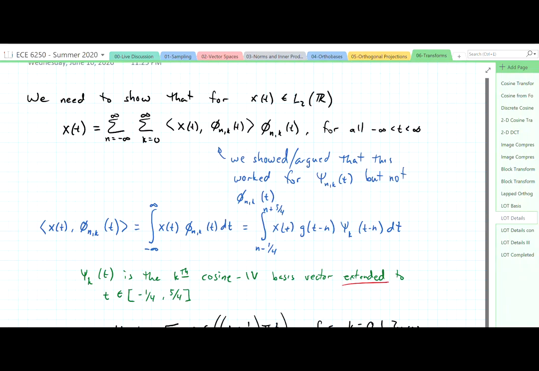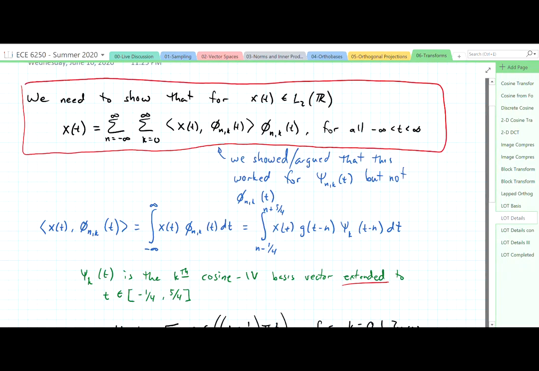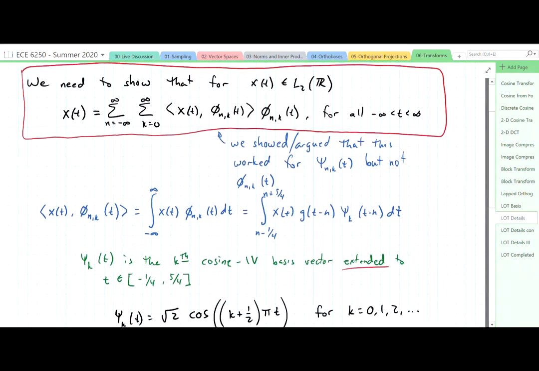First off, we want to show that our new LOT basis, these phi functions, can be used to represent any function x of t as shown. In other words, are they an orthonormal basis, phi n k of t, for L2 over all of R?